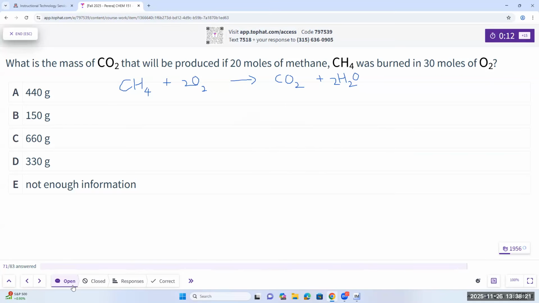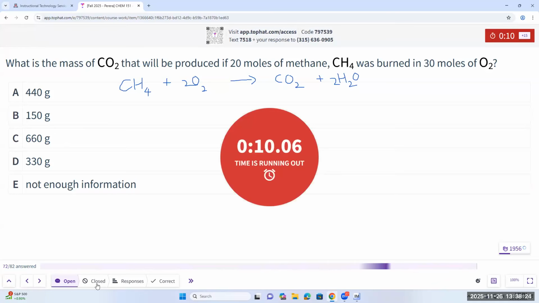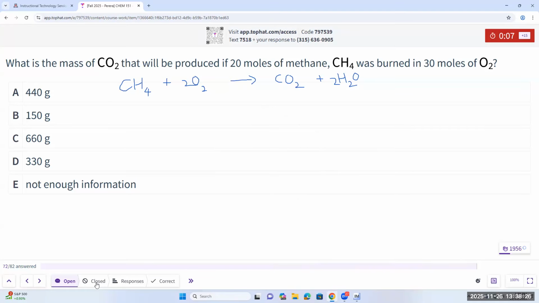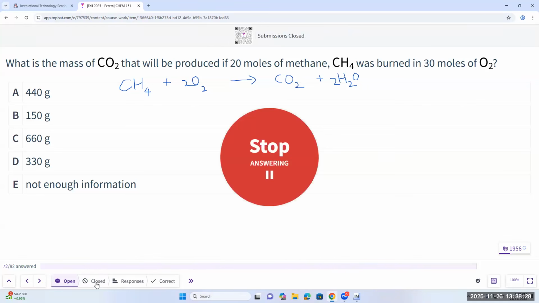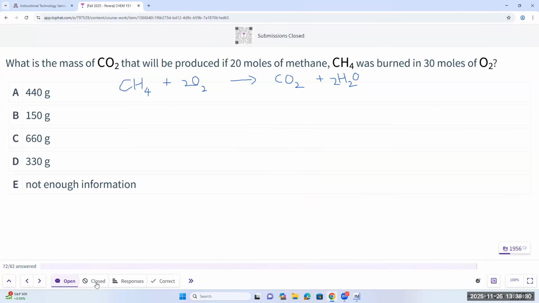So, okay, I'm going to close this question in 5, 4, 3, 2, and 1. Okay, so let's see. What is the mass of carbon dioxide that will be produced if 20 moles of methane was burnt in 30 moles of oxygen?